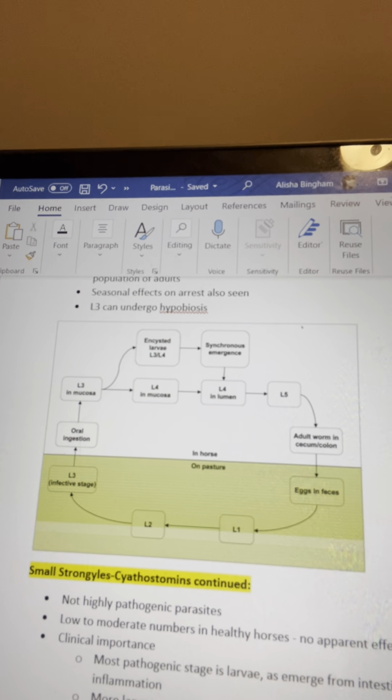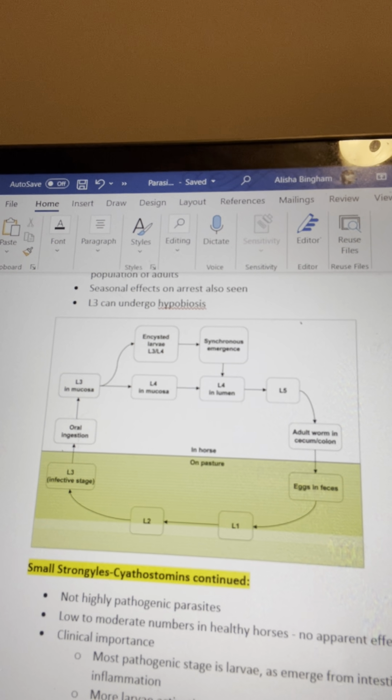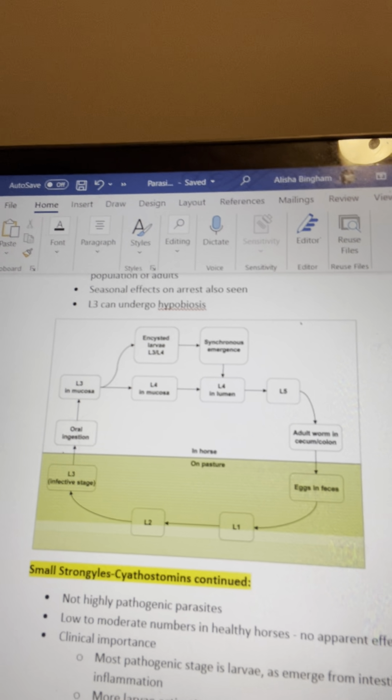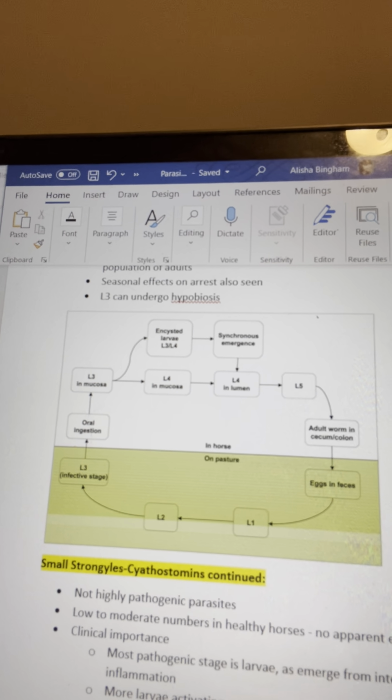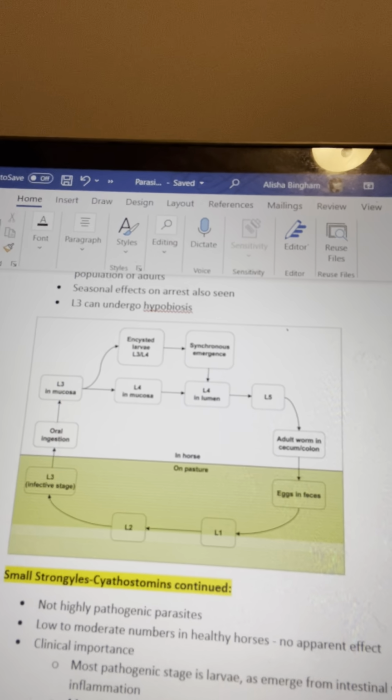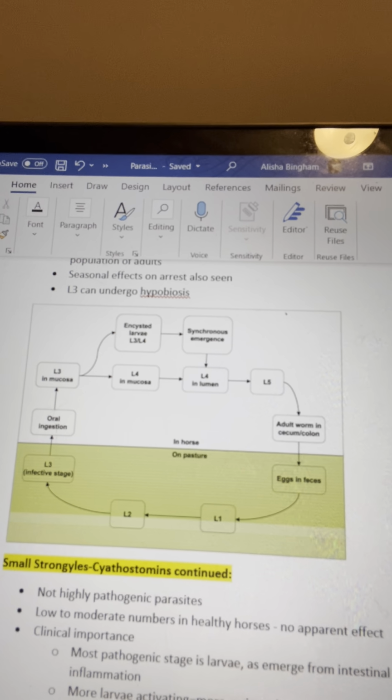Or from the L3 stage in the mucosa, they can become encysted larvae. So L3 and L4 here. They have synchronous emergence. So this is where they lie dormant before they go to the L5 form in the lumen and later, and then mature that way.